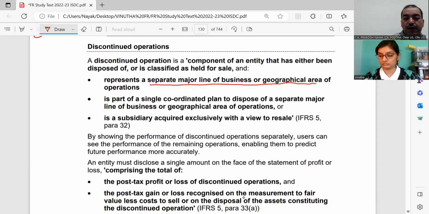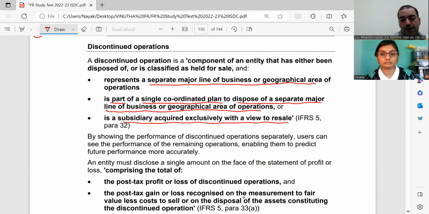It is part of a single coordinated plan to dispose of a separate major line of business or geographical area of operations. And it is a subsidiary acquired exclusively with a view to resell.